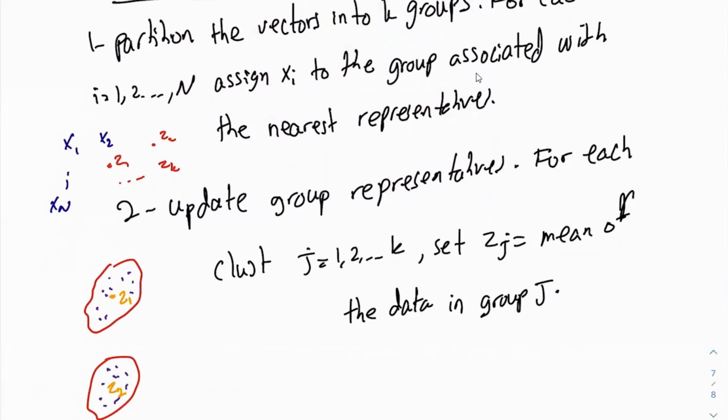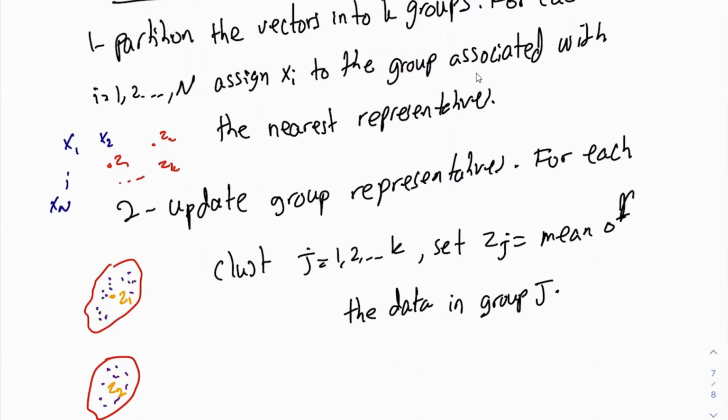But then who said that the group representative you chose for the first step was the best? You never know. So you calculate the mean, or the average value, of the points per cluster. You calculate the average of the points for cluster 1, and then you update the group representative.